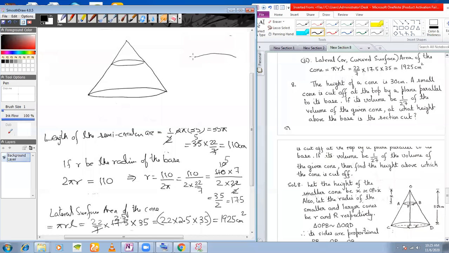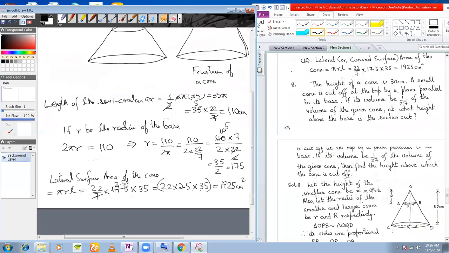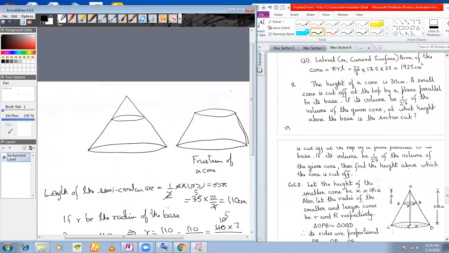You obtain this kind of solid. This is called the frustum of a cone.